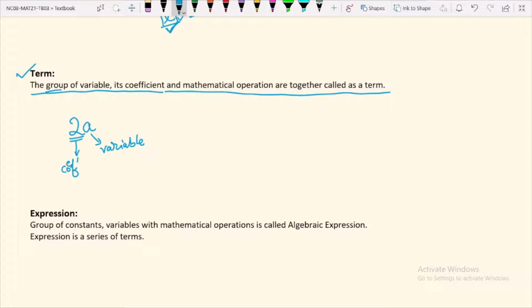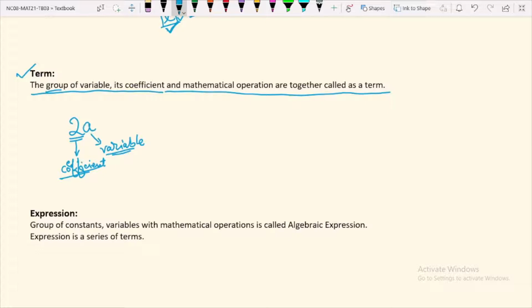Coefficient means the number written beside the variable, which keeps company with it.